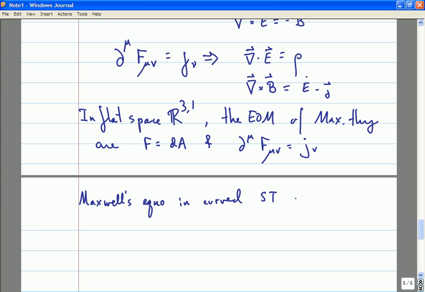Well, there's still the statement that F is equal to dA, so that dF is equal to 0. And the only place the metric ever appeared was in this derivative operator. So Maxwell's equations in curved space will be the statement that F is equal to dA and ∇_μ F^μν is equal to the current 1-form.